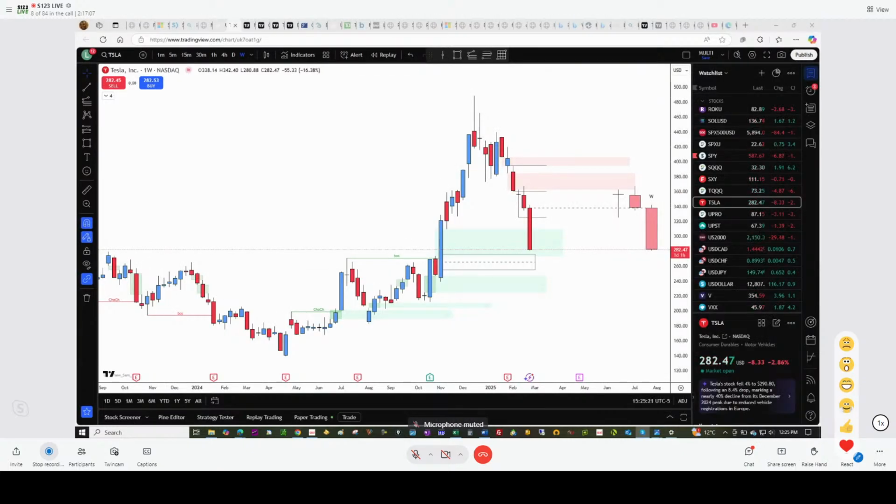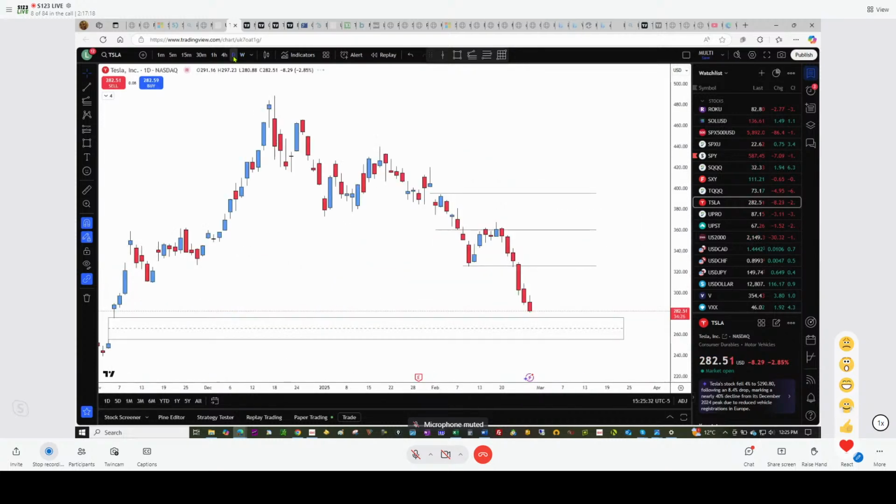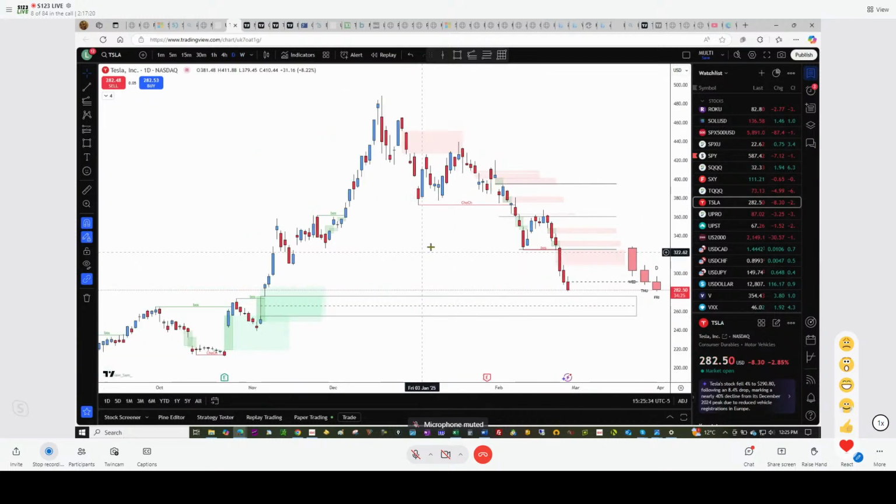So we're coming into the last half hour pretty quick here. Looking down on the daily, looking at this gap right here as a possible turnaround point. I can see that we have 5 waves here.